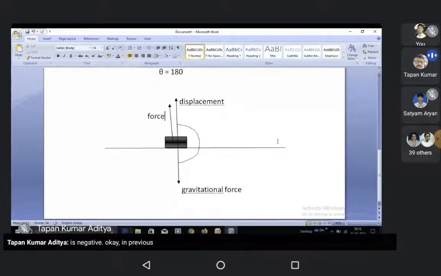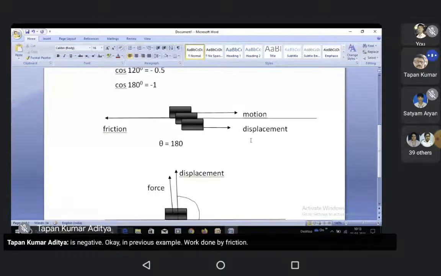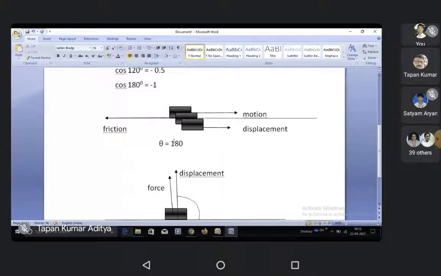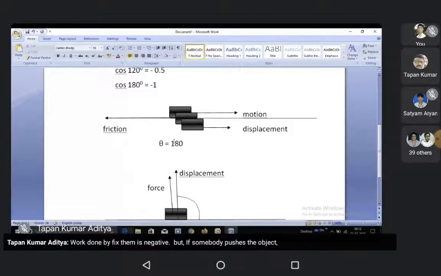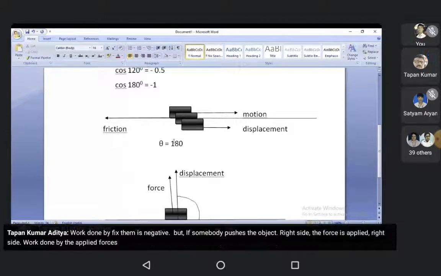Okay, in previous example, work done by friction. If somebody pushes the object to the right side, the force is to the right. Work by applied force is positive.